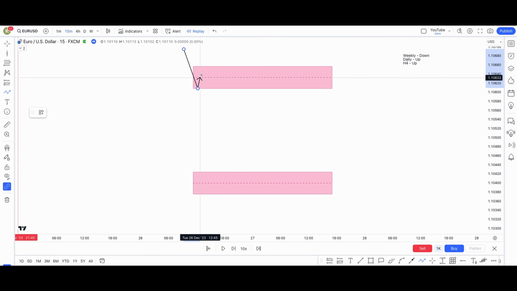We're going to pretend that the market is trending down, reacts into a zone, or creates a zone, creates an order block. Price starts working its way down, and when we get to the next point of interest, which is going to be on the H4, which is usually just another, in this instance it would be a demand zone, so it might just be an opposite candle, could be an order block or whatever on the H4.